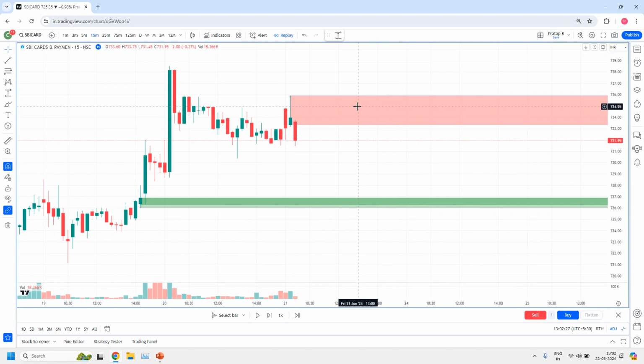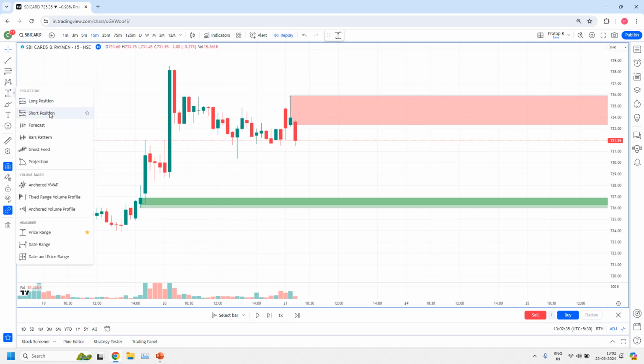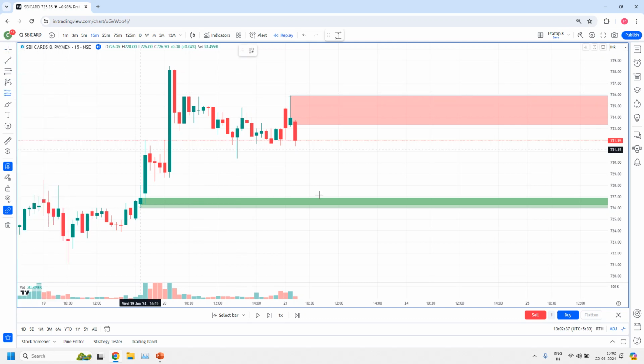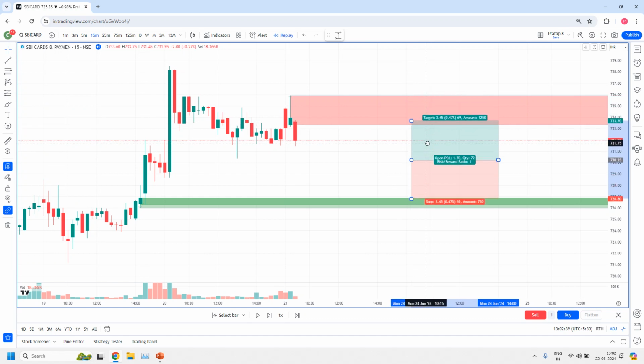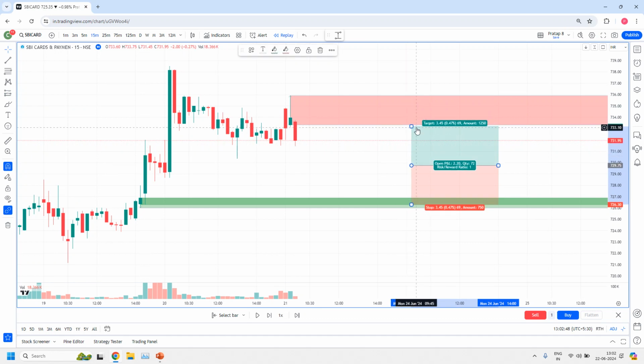Now can we accept the trade? If the RR is good, you can accept the trade. Do we have good RR? Check again. You have this long position tool. This is going to be your target, a little before that, because generally we exit a little before.